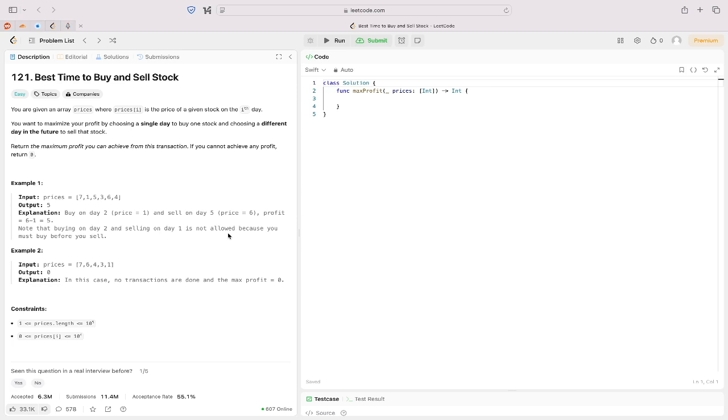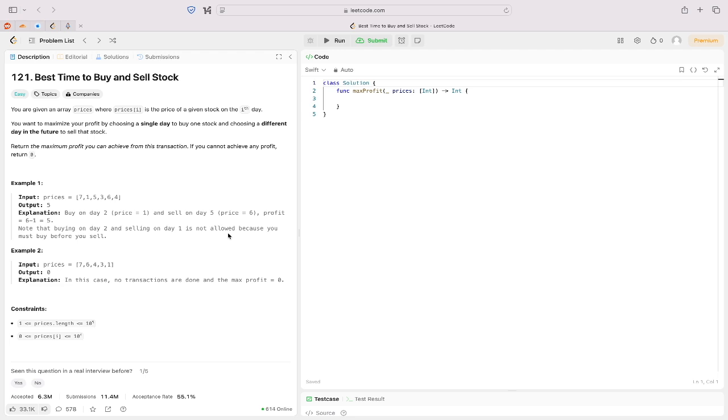So buy on day 2, where the price is 1, and then sell on day 5, where the price is 6. Profit is 5. Note that buying on day 2 and selling on day 1 is not allowed because you must buy before you sell. Alright, prices 7 6 4 3 1. Output is 0.